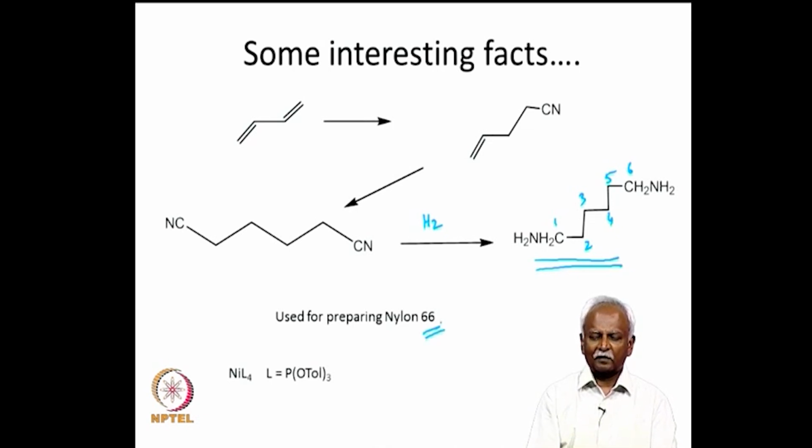And nylon 6,6 can be prepared by oxidizing this to the diacid and reducing it to the amine, and that gives you a very easy way of converting butadiene to an extremely useful molecule, which is nylon 6,6.